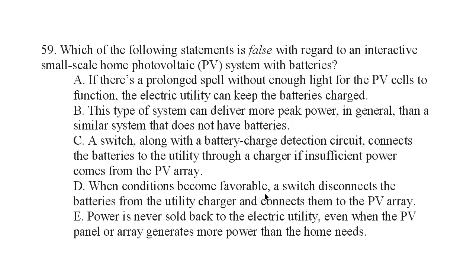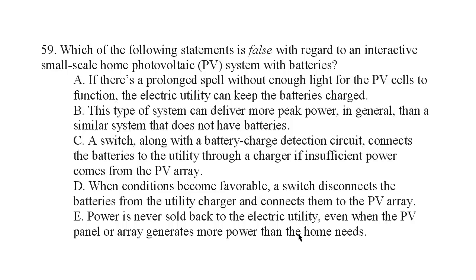D: when conditions become favorable, a switch disconnects the batteries from the utility charger and connects them to the PV array. Well, that's true. So you can save money on your electric bill. Otherwise there really wouldn't be much reason to have the photovoltaic panel except to supply you in case of an outage. E: power is never sold back to the electric utility even when the PV array generates an excess.